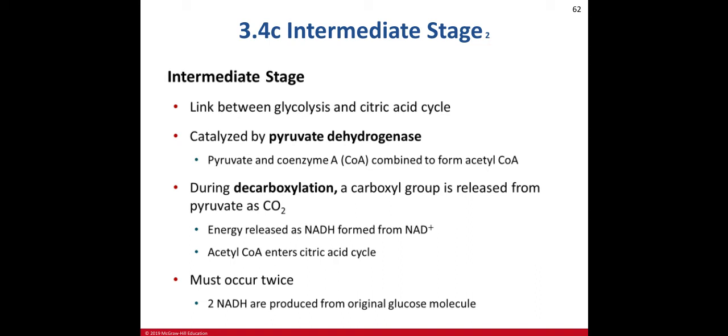Energy is released from NADH, and we form NAD+. The acetyl-CoA is what is going to go into the citric acid cycle. And we need 2 turns of this intermediate stage in order for this to then proceed on. So we get 2 NADH from each glucose molecule that goes in.